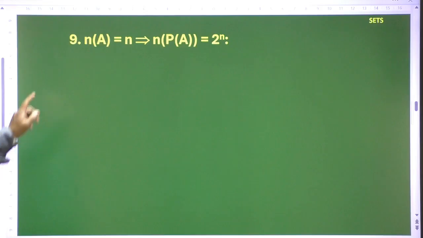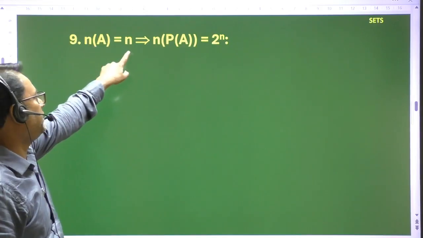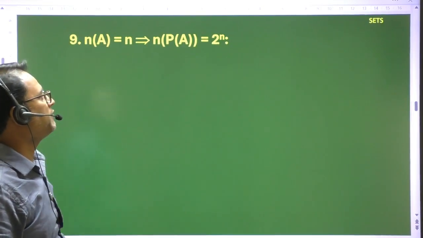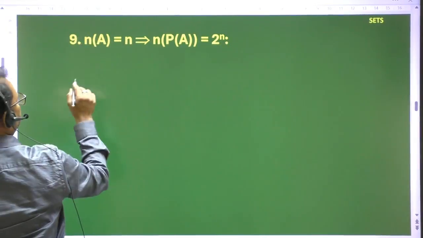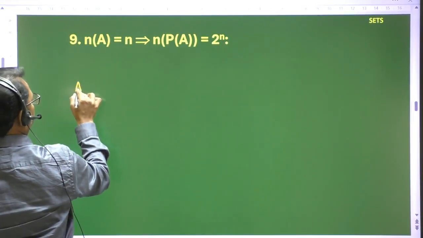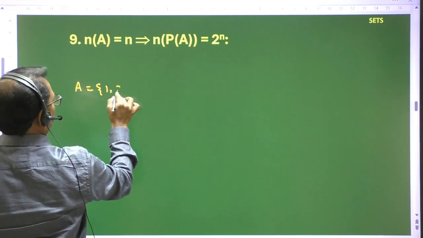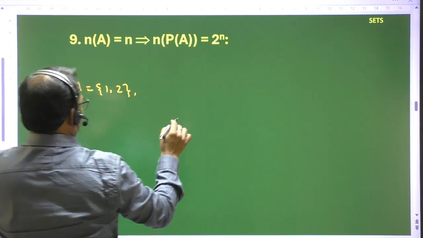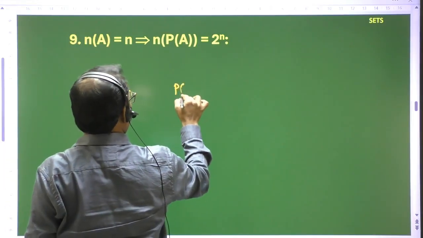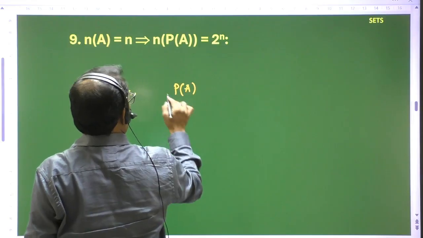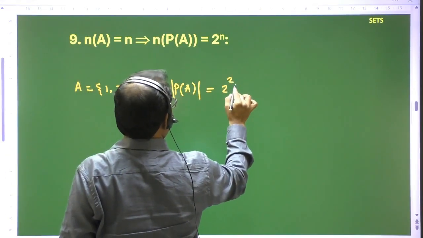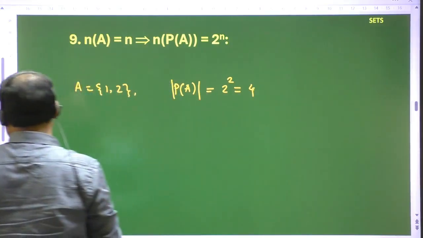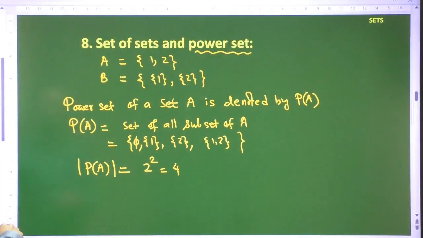Next, if n of A, the cardinal number of A, is n, then the cardinal number of the power set of A is 2 to the power n. In the previous example we noticed that when A contains 2 elements, 1 and 2, the power set of A has cardinal number 2 power 2, that is 4. In the previous slide we saw this result.